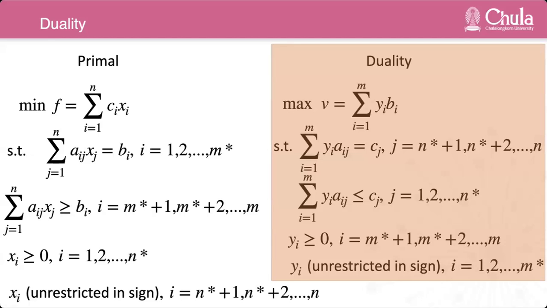B is from here, the right-hand side of the constraint. And see here, the right-hand side in the duality is exactly the coefficient of the objective function. But here we have greater or equal, right? The duality of it must be lesser or equal. And the objective function in primal is a minimization, but duality must be maximization.